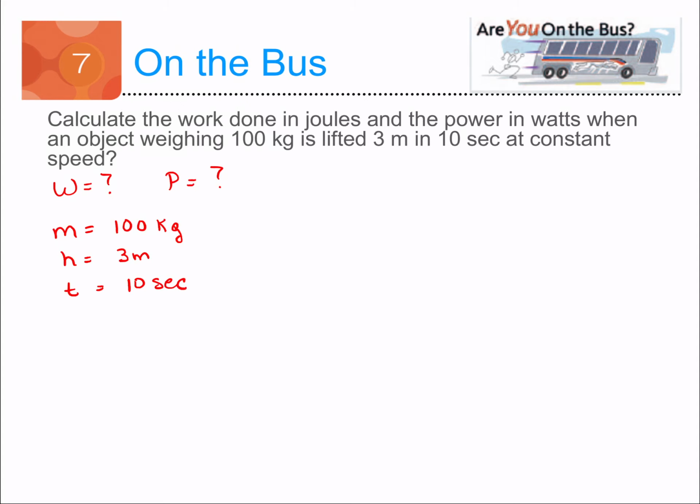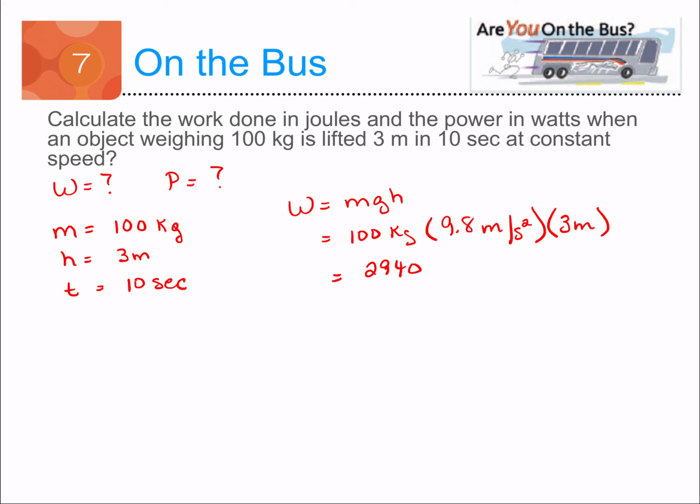We're lifting, so to find work we use work equals mgh. That's 100 kilograms times 9.8 meters per second squared times 3 meters of height. So our work is 2,940 newton meters.